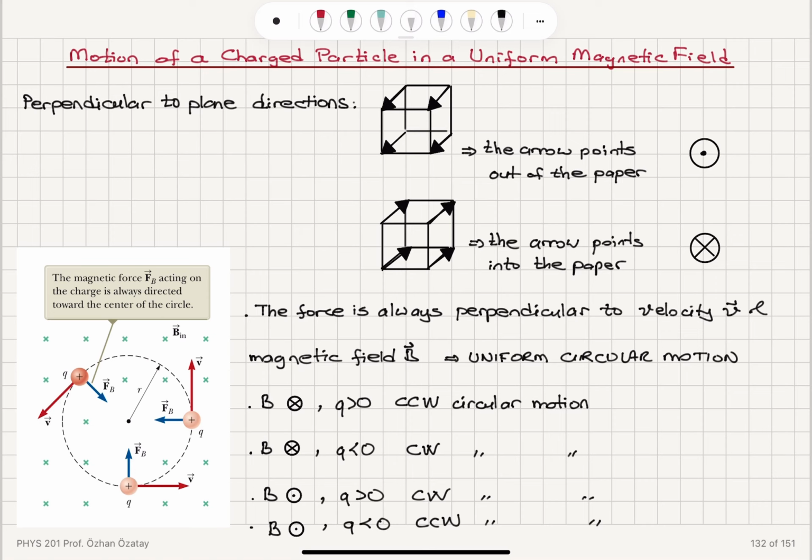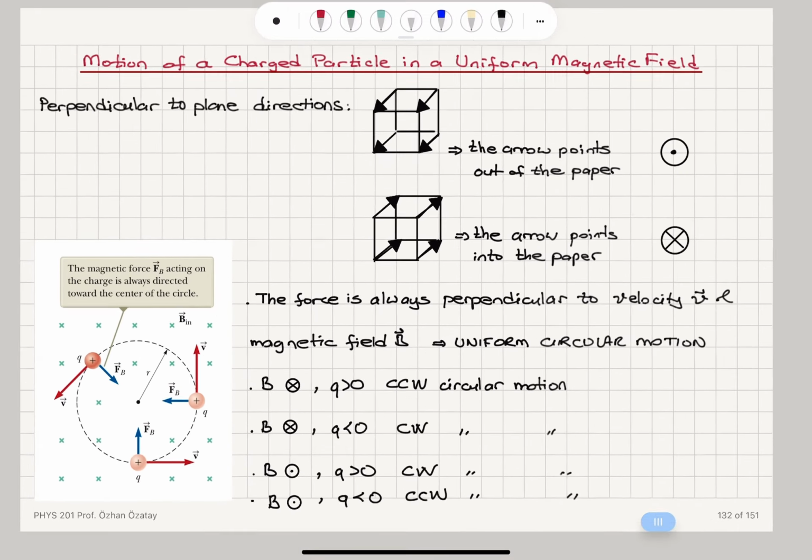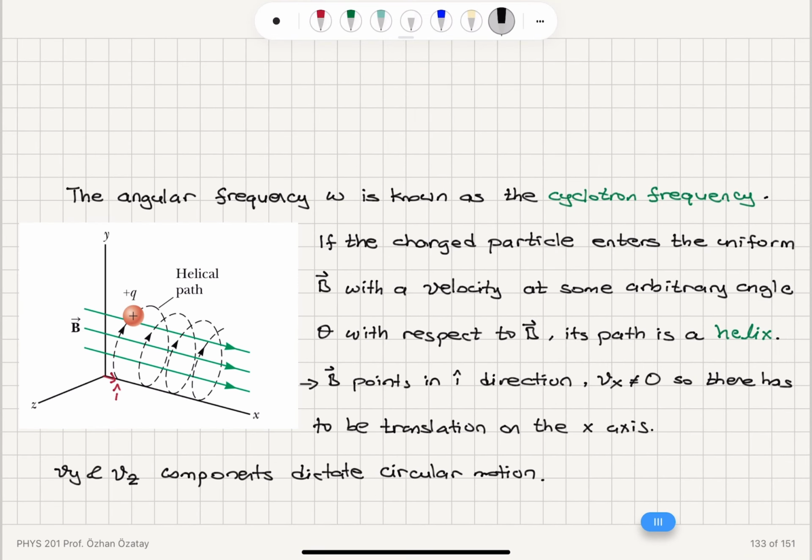Okay, so if the velocity vector is perpendicular to the magnetic field vector, as I have shown in this example, the field is pointing into the page, the velocity is in the plane of the page. What happens?